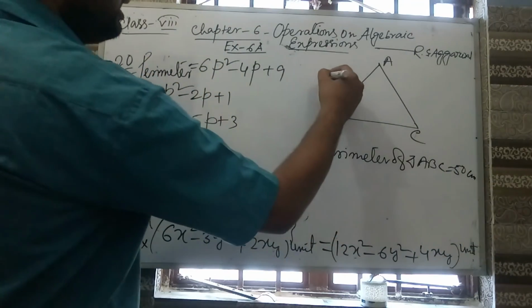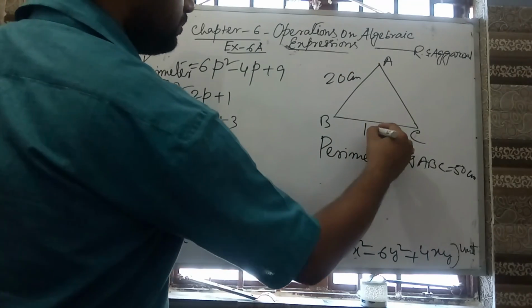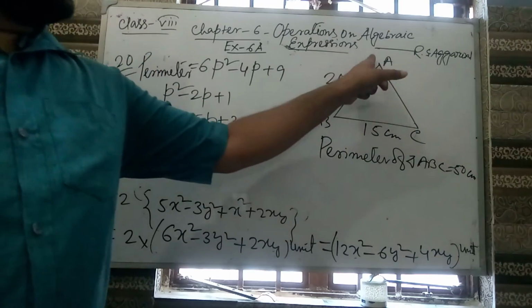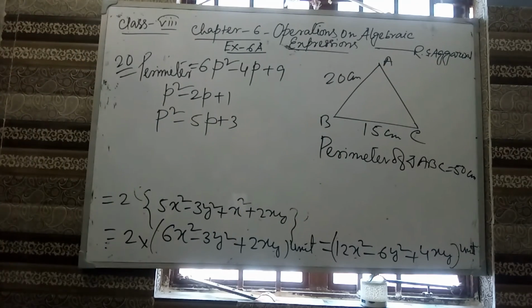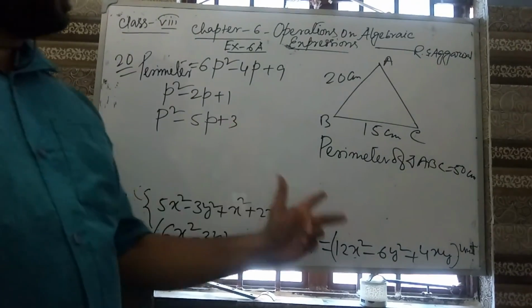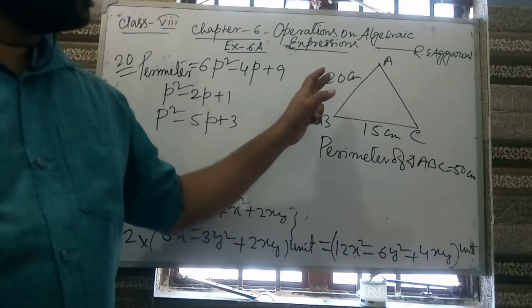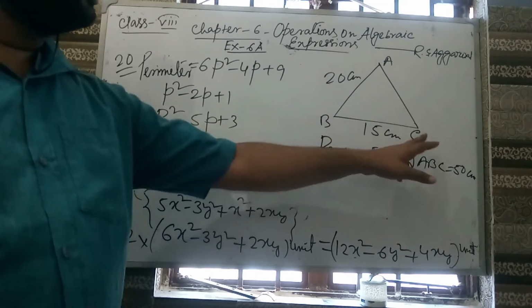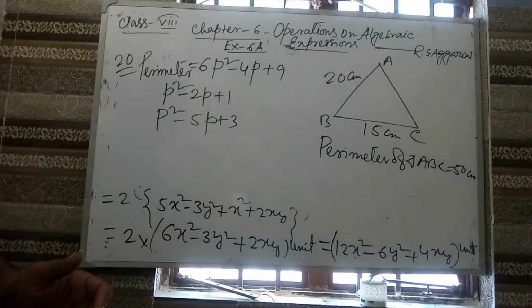Now, if AB is 20 centimeter and BC is 15 centimeter, can you find out the measurement of AC? Look at this example. The perimeter of triangle ABC is 50. One side is AB equal to 20 centimeter, another side BC equal to 15 centimeter. What will be the value of the third side?